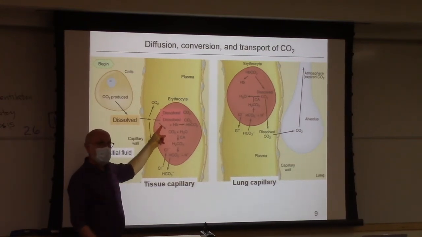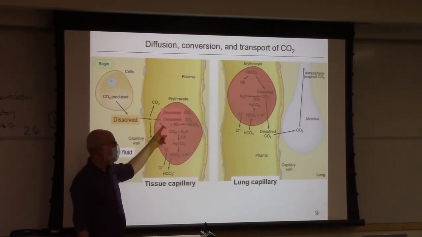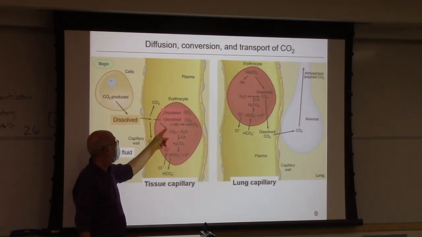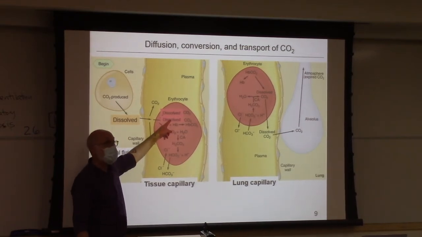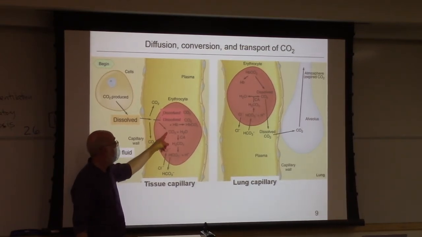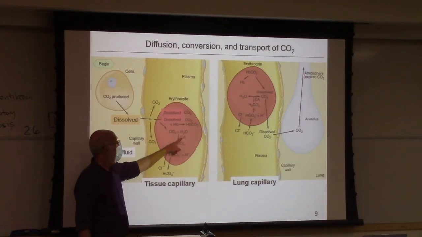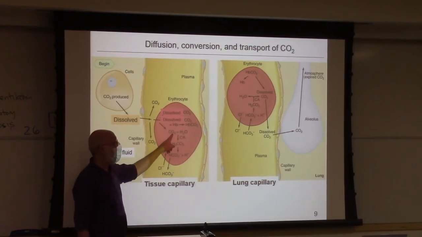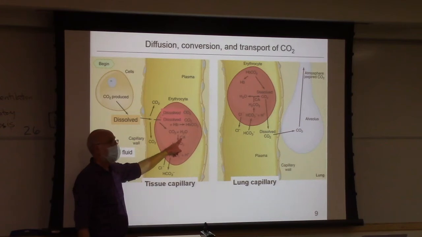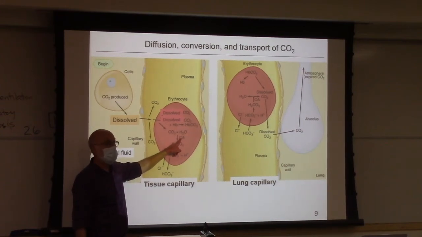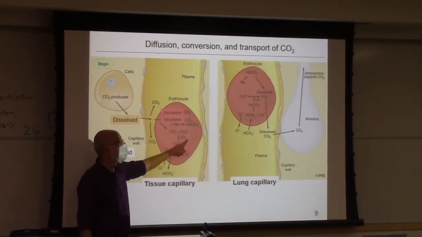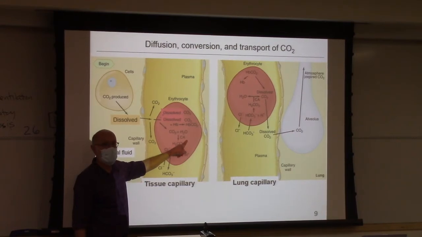But here is the key interesting thing. Well, it's all interesting, right? But here is the key thing. Some of this dissolved CO2 interacts with water, enzymatically accelerated by carbonic anhydrase. That's what CA here is, carbonic anhydrase.